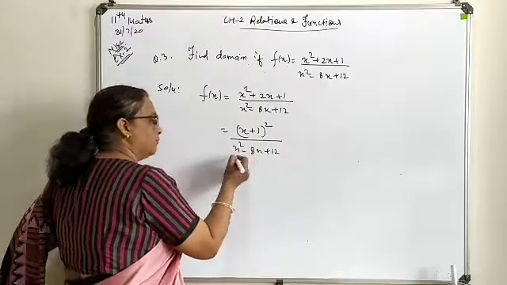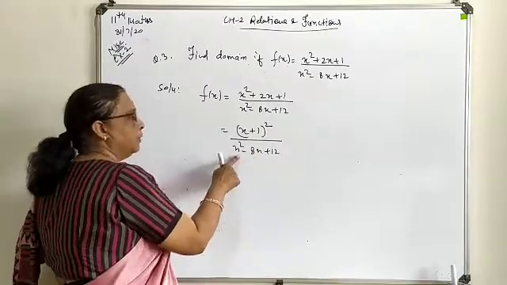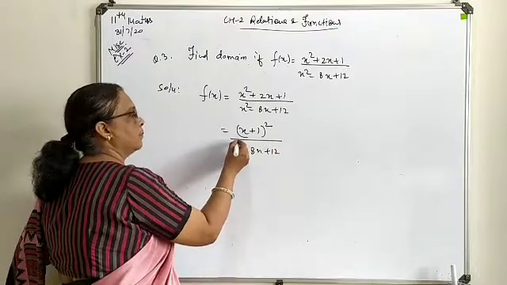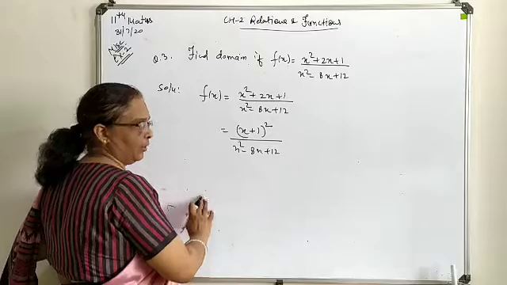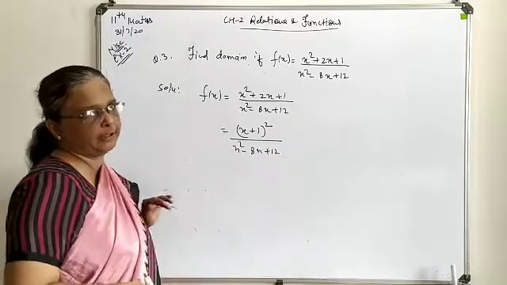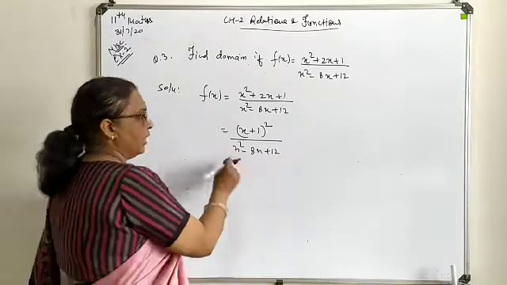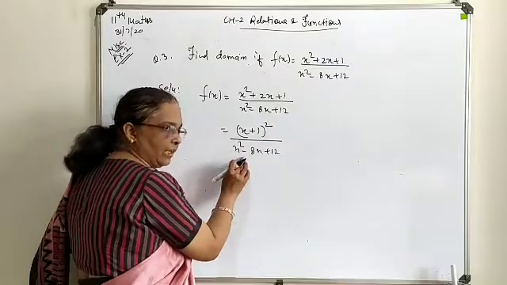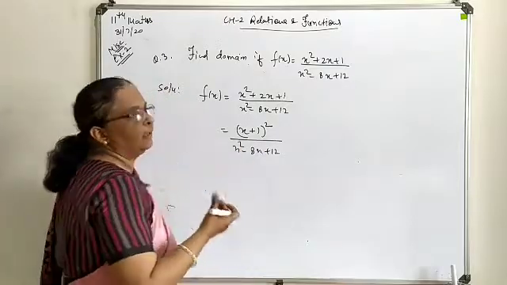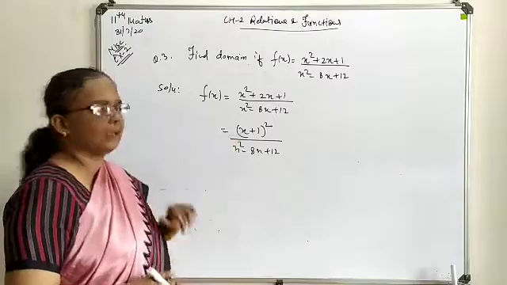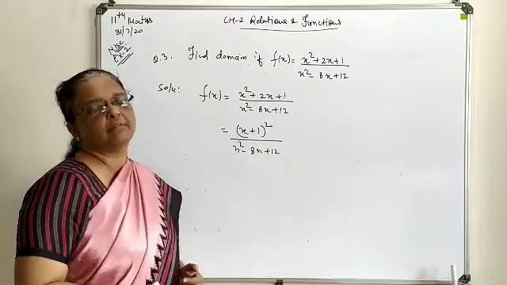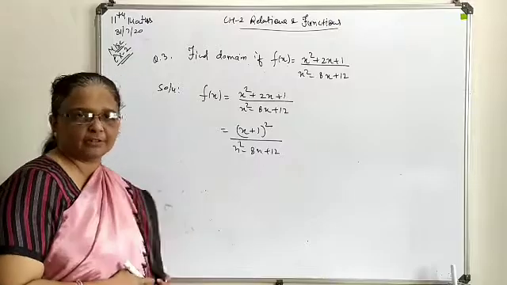Now if for any value the denominator term turns to 0, this fraction will turn to infinite form. So we have to find the value for which this expression is 0, and we have to cut that value from R, because this is applicable for all the R values, meaning everywhere you will talk about the real value solution.